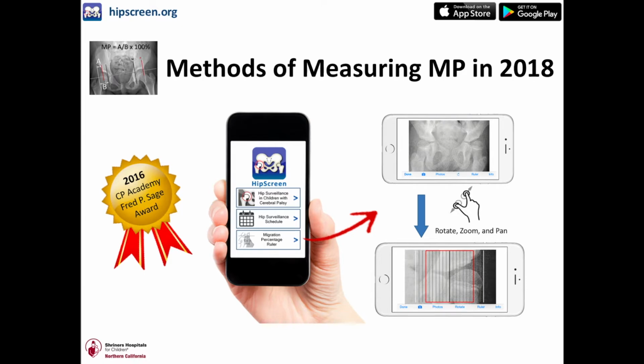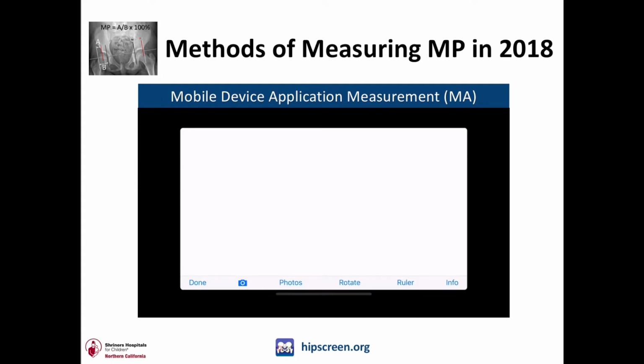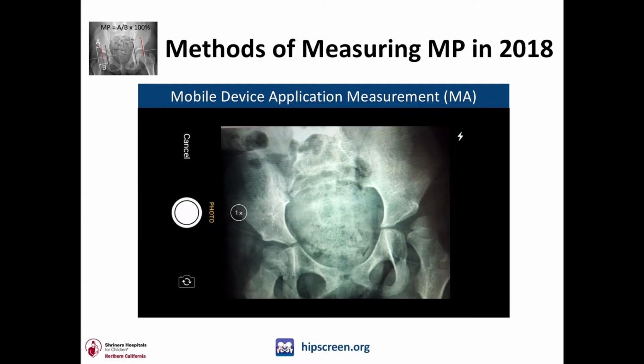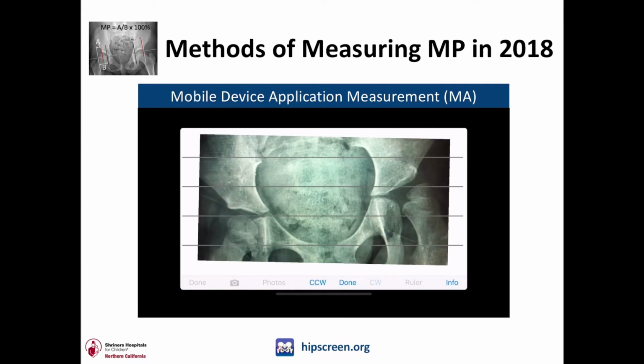Much of this is not available to people, and so we developed the Hip Screen app that actually has a feature where you can take a picture of an X-ray and then measure the migration percentage easily directly off the screen. It looks something like this. You select the migration percentage ruler, then take a picture of an X-ray. It can be on the computer screen, even a printed X-ray.